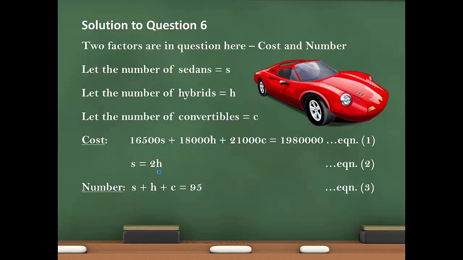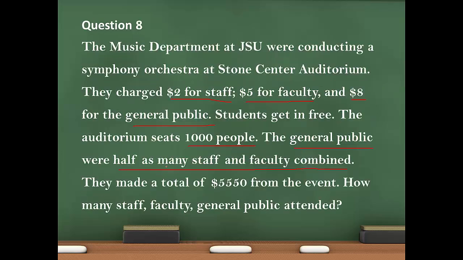Now, if we come to half as many, we now see that the general public Z will be, remember it says half as many, staff and faculty combined. So X plus Y. See that?